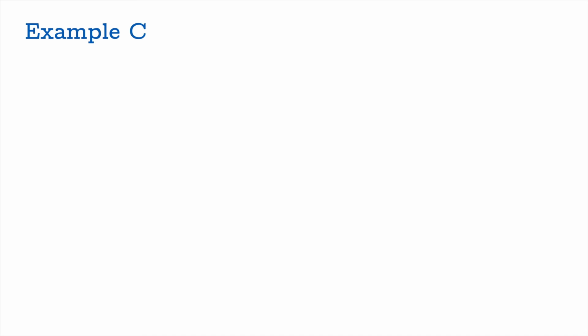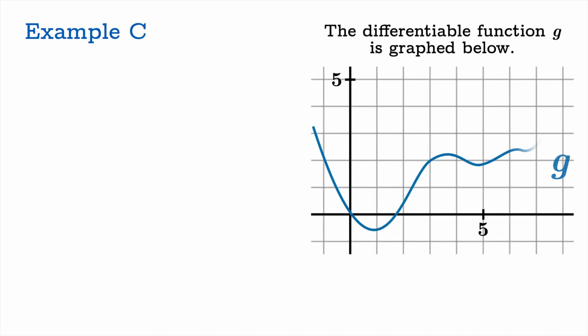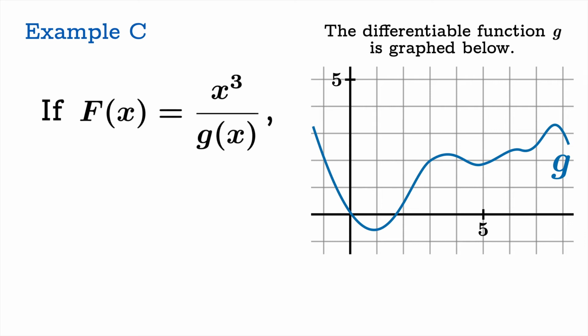We're going to change gears here for the third example. Let's suppose that the differentiable function g is graphed here in this diagram. And now we're going to define a function capital F of x is equal to the quotient of the cubing function over g of x, x cubed over g of x. What is F prime of 3?